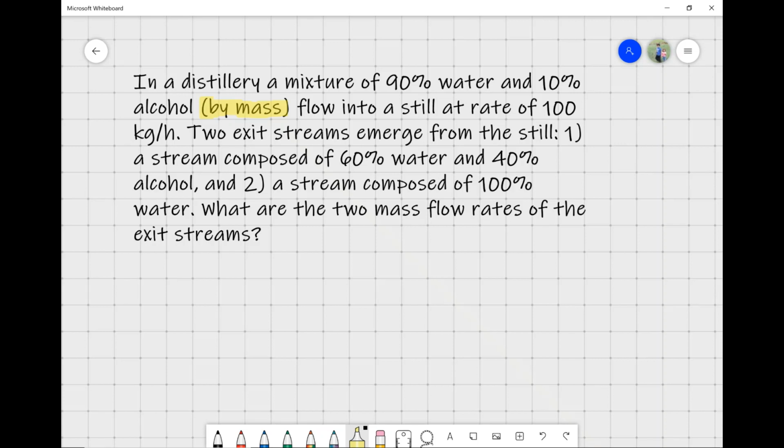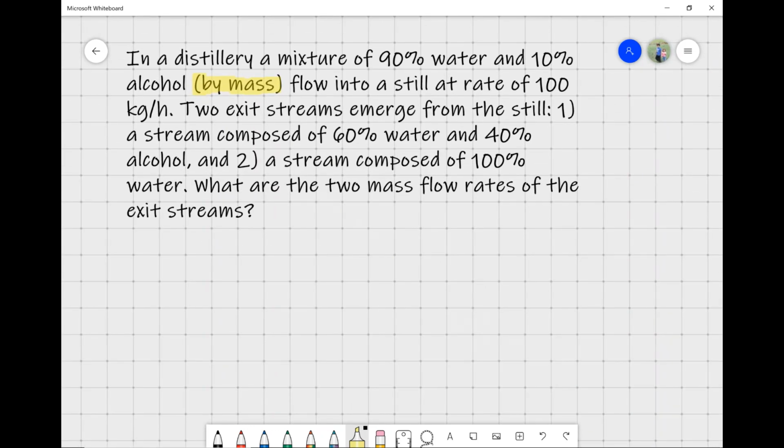The first thing that helps is to highlight the important bits of information. I highlighted by mass, but we also have a composition: 90% water and 10% alcohol. We also have an incoming mass flow rate of 100 kilograms per hour.